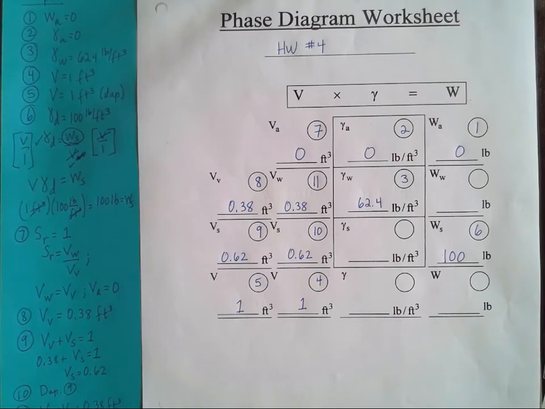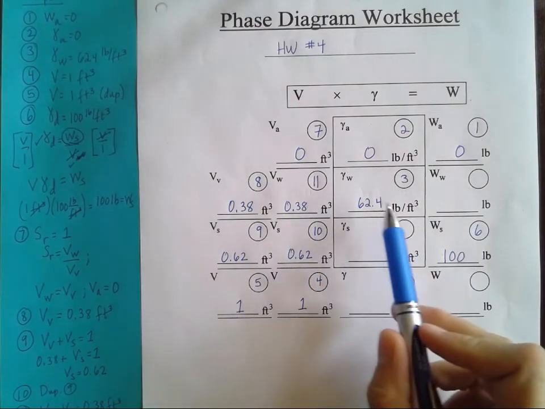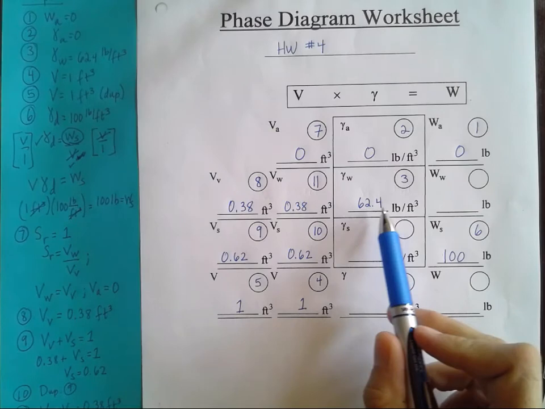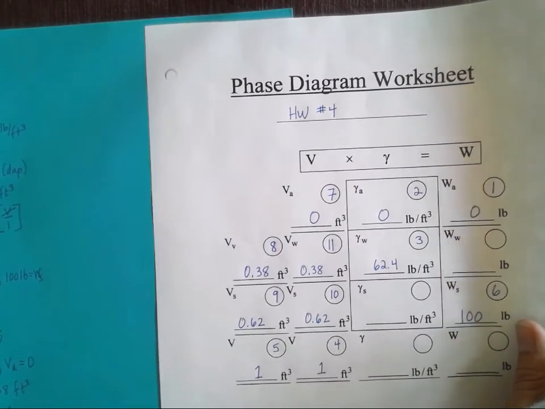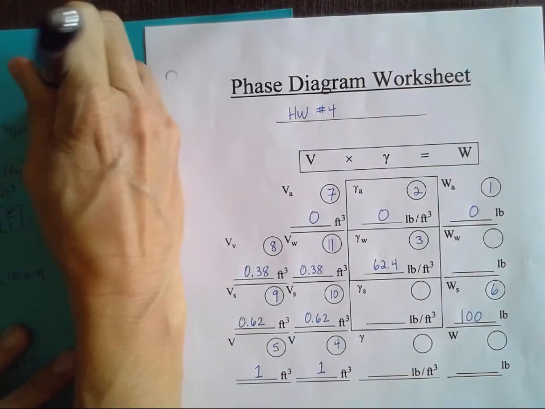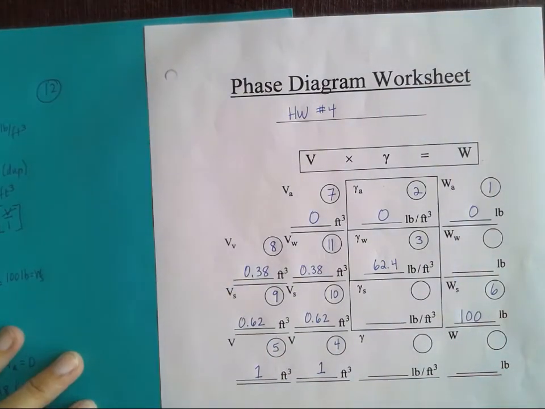Okay, what can I find next? I look at this and I can see that I know a volume and I know a gamma here, so I can do W straight up. I'm actually going to slide this paper over a little bit, and put up at the top number 12.